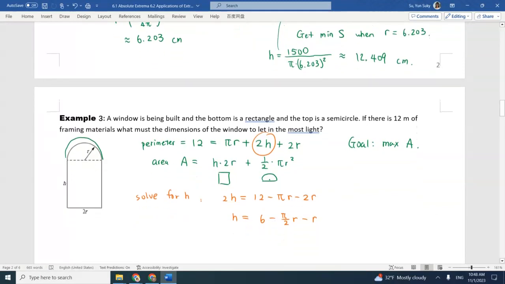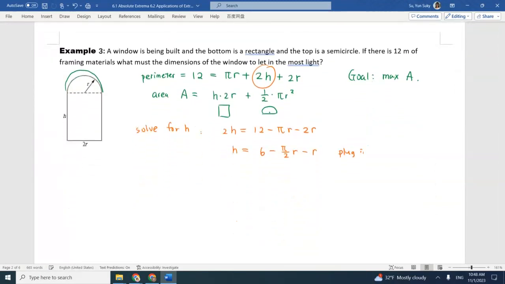Okay, nice. We can plug in. So we plug in. We get A is h times 2r. Well, our h is 6 minus pi over 2 r minus r. And we multiply by 2r, plus 1/2 pi r squared. So far, so good, everybody? When we multiply 6 times 2r, it is 12r. And then a negative pi.